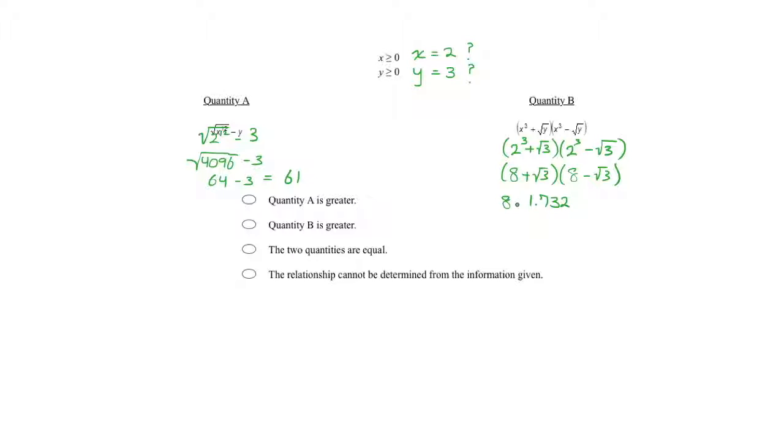Keep a few decimal points there. 8 plus that, times 8 minus that. We can say that this is 9.732, and this is 6.268. And we can multiply these two quantities together.